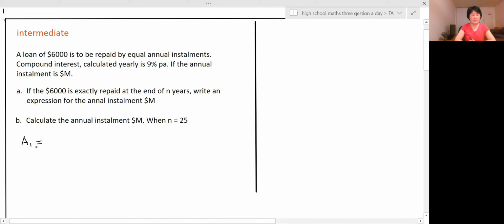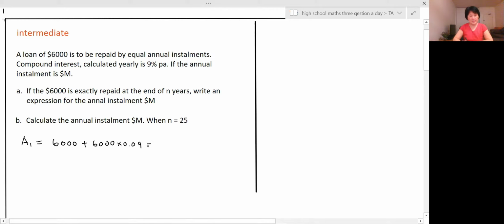Since A1 means at the end of the first year, okay, 6,000 is the principal here. Then plus this 6,000, the bank will charge interest at the 9%, then times 0.09.